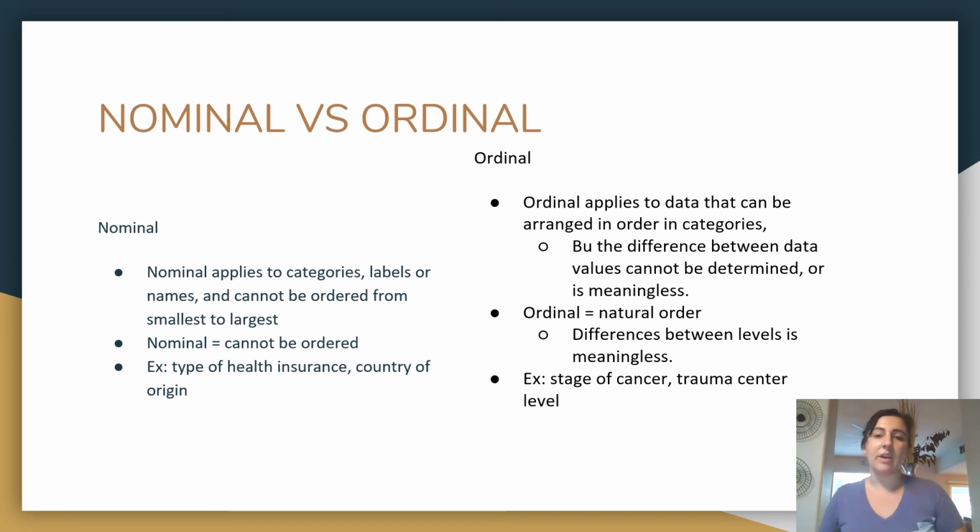So ordinal implies that there is a natural order in which the different categories can be arranged, even though the differences between the levels don't actually mean anything to the study, because this is a qualitative study. You're looking at the qualities, not assigning numerical values as you would in a quantitative study.